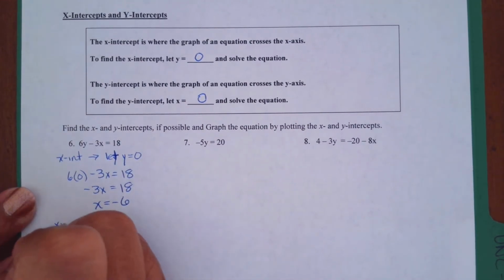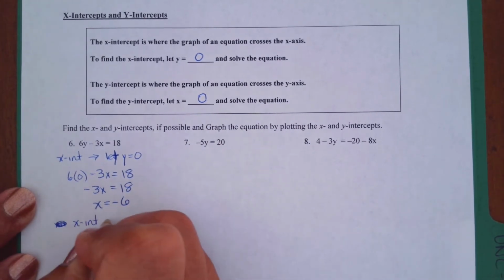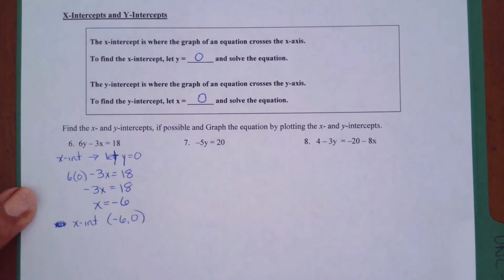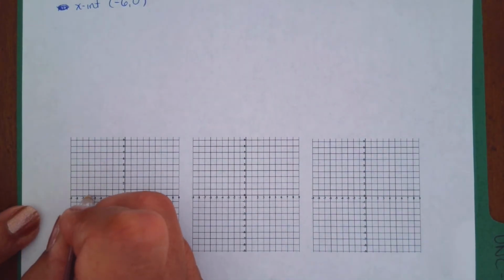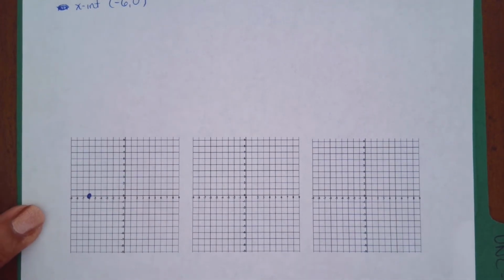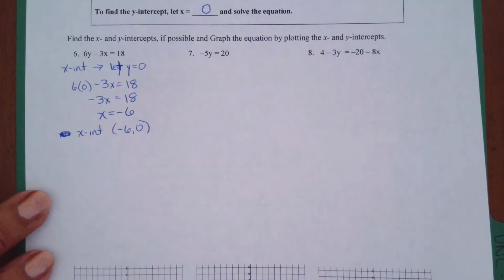So the x-intercept would be negative 6, 0. Okay? I'm going to come down here to the graph and plot negative 6, 0 right here. So there's your x-intercept.